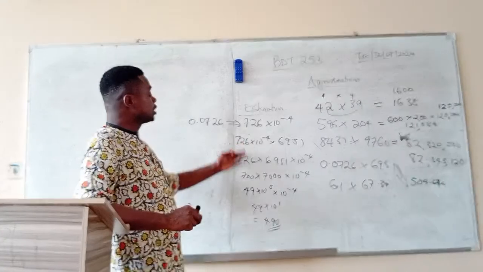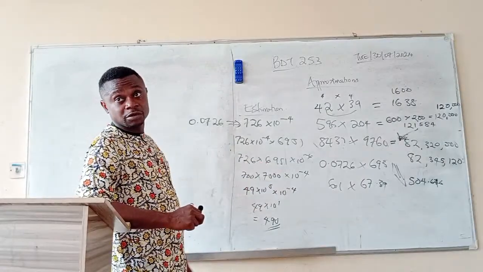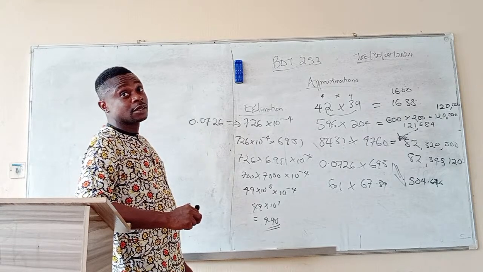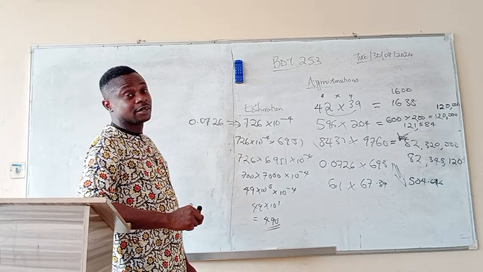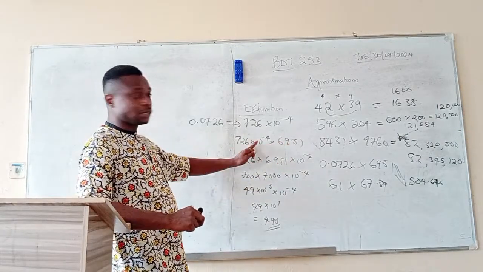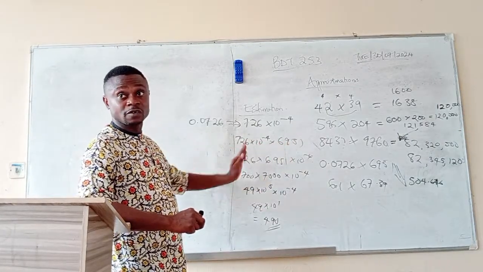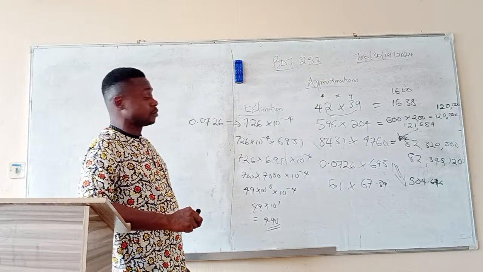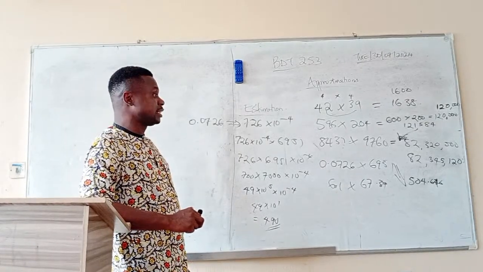It's what we did, except we didn't punch the calculator. You punched the calculator. Now, about this again, we avoided what? The calculator. We used exponential notation to solve it. But it is the same thing.